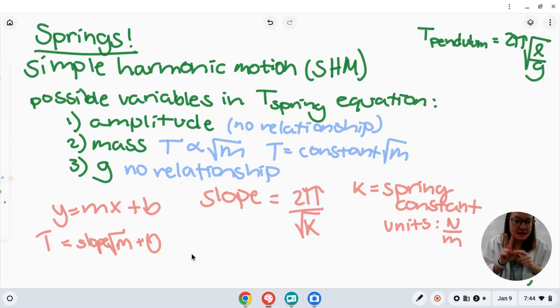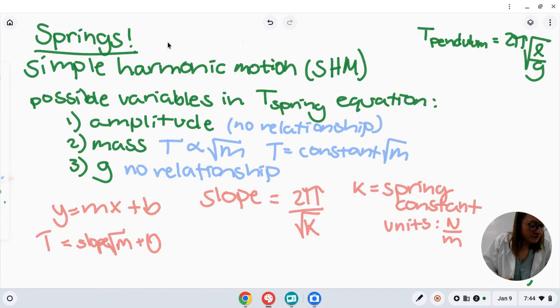The second thing that it depends on is the stiffness of the spring, or K, the spring constant of the spring. If the spring has a really big spring constant, it's not going to be super stretchy. And the stiffer the spring, the shorter the period, because it's going to be really, really quick to just snap back into its old place.